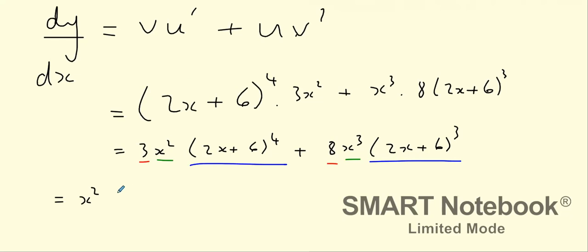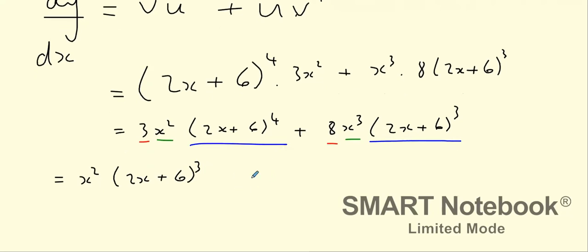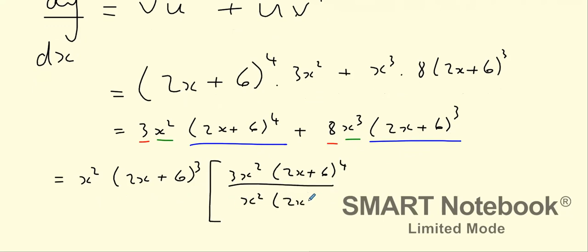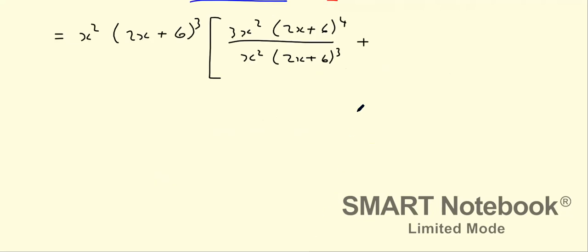So therefore I'm going to have (2x + 6) to the power of 3 common. And then I'm going to rewrite the whole thing. You can, of course, do this bit in your mind. I just feel as if I'm going to avoid making mistakes if I do it like this.